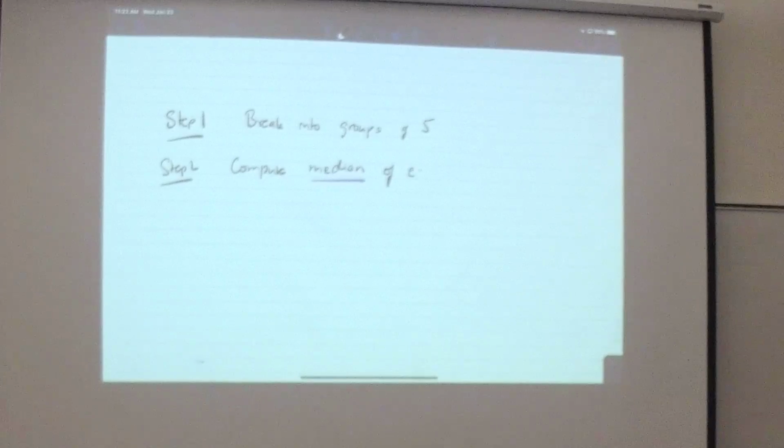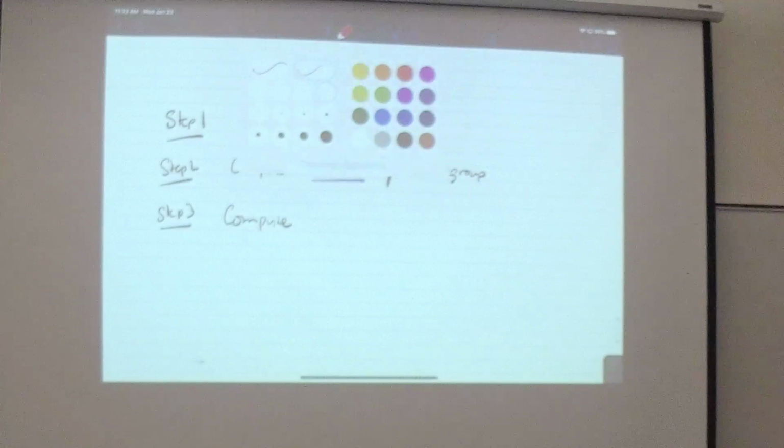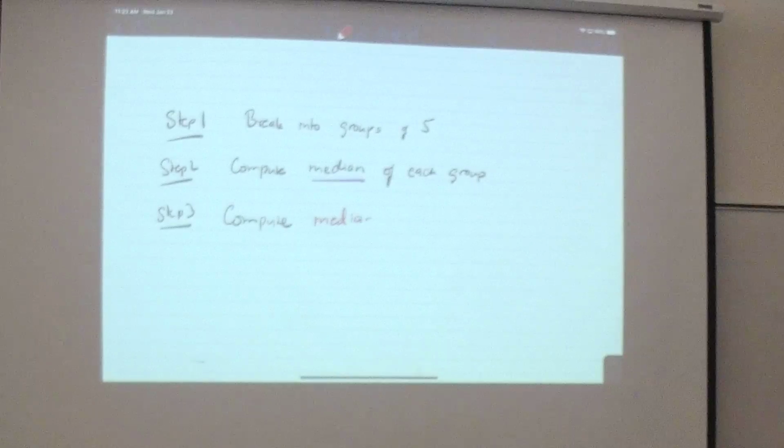What I'm saying is this. Step 1, break into groups of 5. Step 2, compute the median of each group. Step 3, compute the median of the medians.